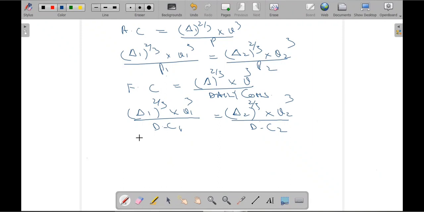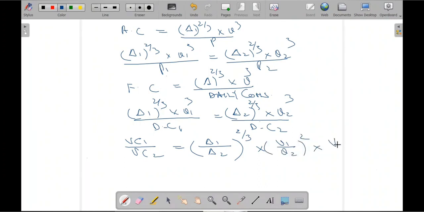Then finally voyage consumption. Voyage consumption VC1 over VC2 is equal to delta 1 by delta 2 raised to power 2 by 3 into V1 by V2 square multiplied by voyage distance 1, VD1 in short, divided by voyage distance 2.